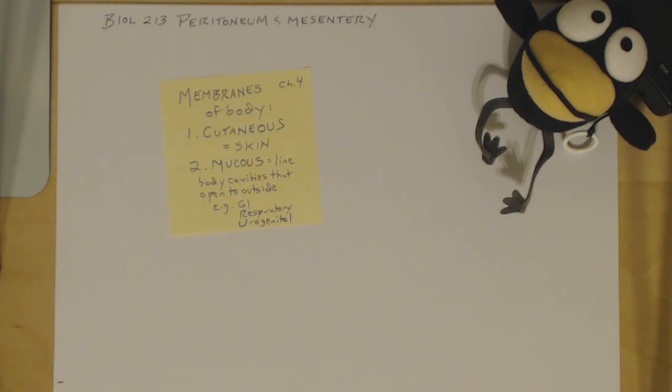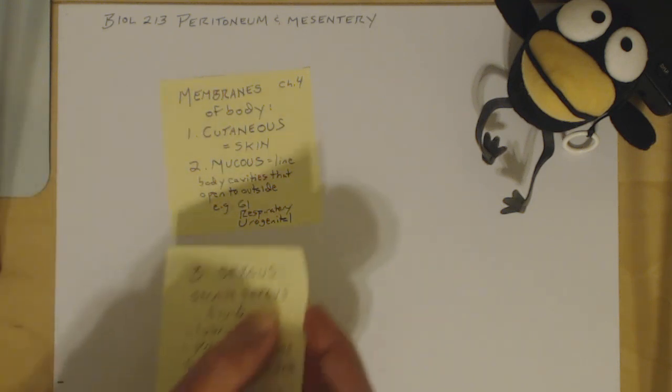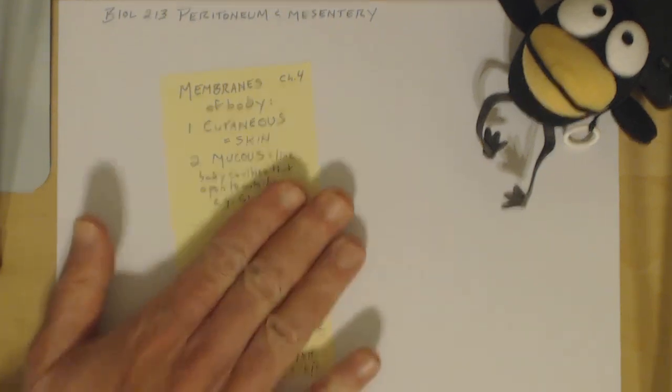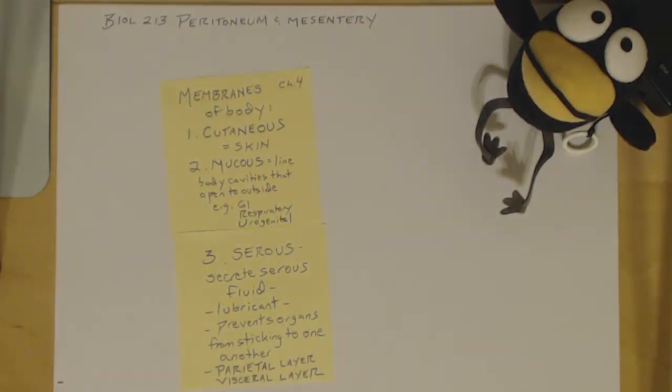The third of the membranes of the body that they mention in Chapter 4 is the one we're going to be talking about here, and those are serous membranes. And recall, the purpose of serous membranes is that they secrete serous fluid. That's why they're called serous membranes. Serous fluid acts as a lubricant.